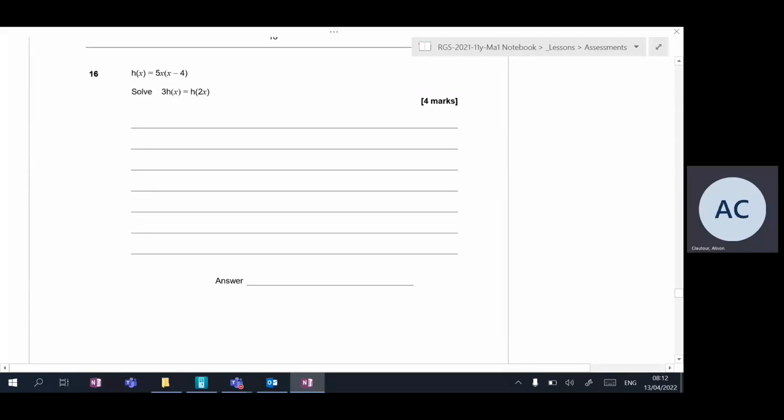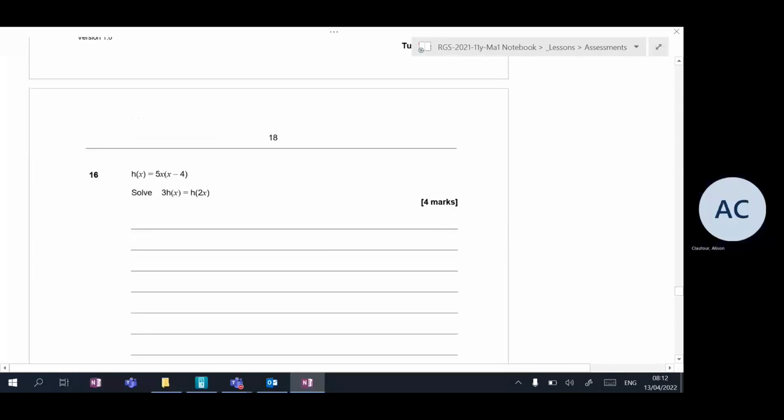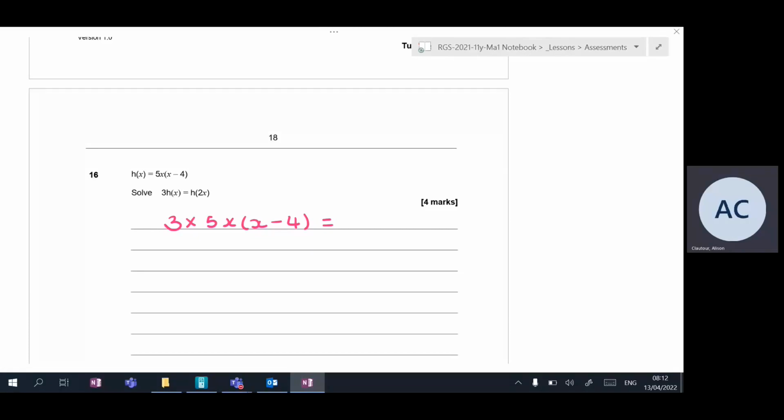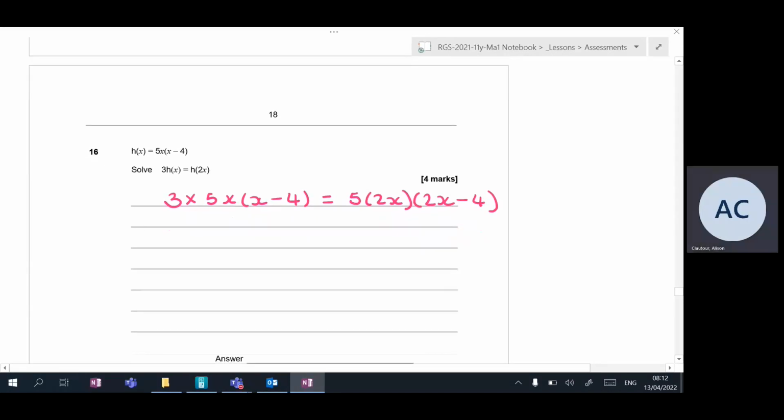Question 16, solving this equation. So 3 lots of h(x) is equal to h(2x). So h(2x), remember, means we're replacing the x with a 2x. So this x becomes a 2x, this x becomes a 2x. And this is the equation we're trying to solve. Okay, so we've got 15x minus 4.